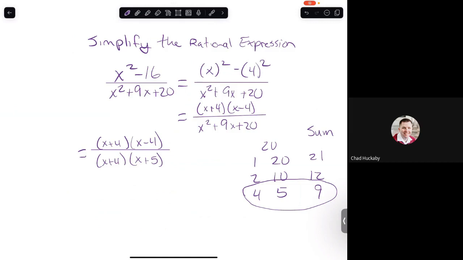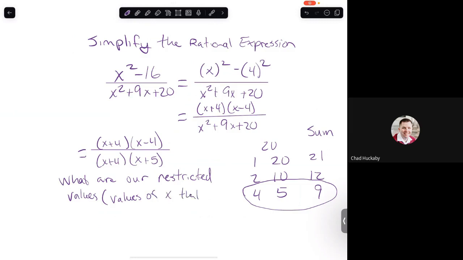So once we've done this, what are our restricted values? And by restricted values, I mean values of x that cause division by 0.